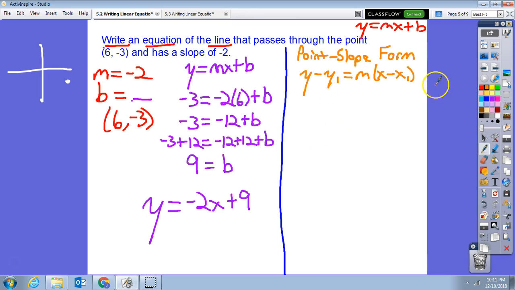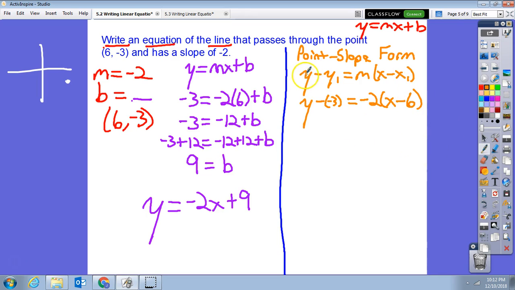Point slope form is basically the same idea as what you did with slope-intercept form. You plug in the y value from the point, which would be -3. You plug in the m, the slope, -2. And then you plug in the x value from the point, 6.